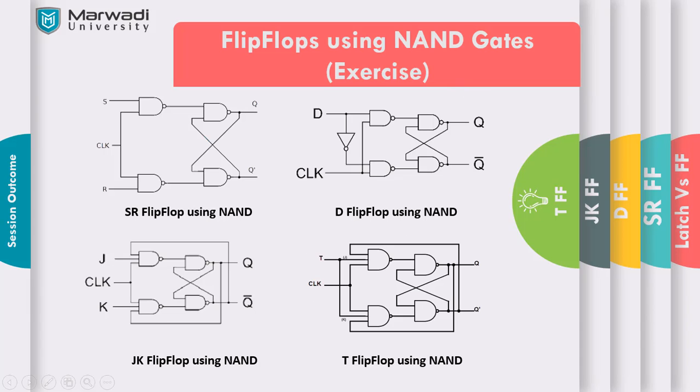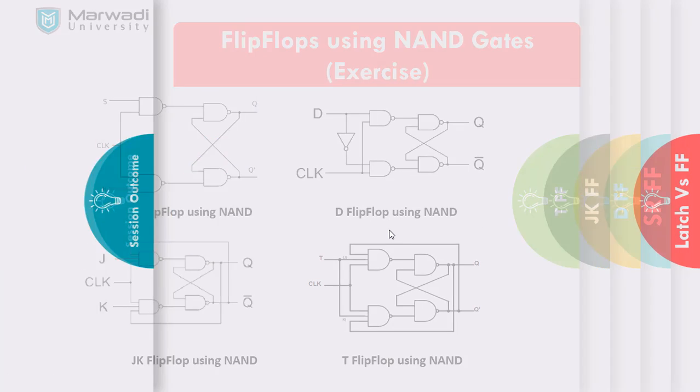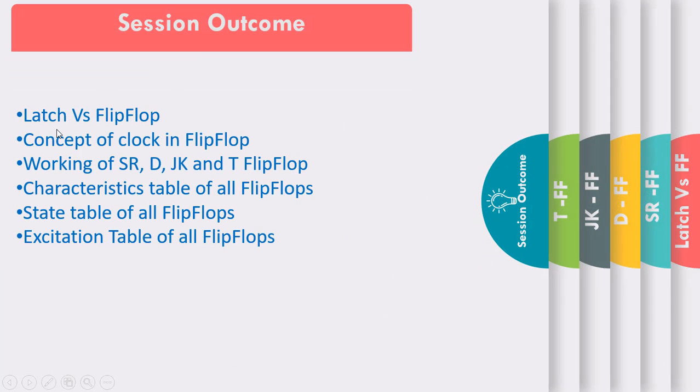So in the flip-flop, we have studied all types of 4 flip-flops, and then in this session, I can conclude that we have studied first of all latch versus flip-flop. What was the difference between the latch, what we studied in the previous video, and the flip-flops, what we have studied in these 4 videos.